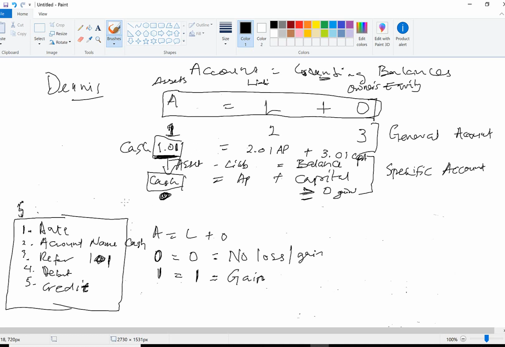And here we might have account receivable, 1.2. And here, note payable, 2.02. And here we have drawings for 3.2. So the account name comes from the specific of the general account.